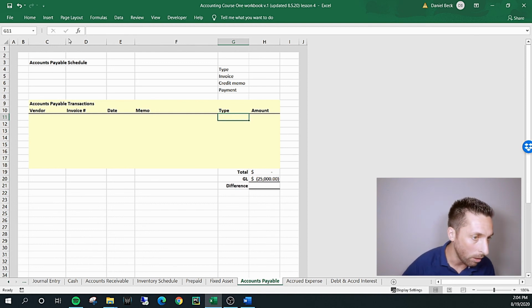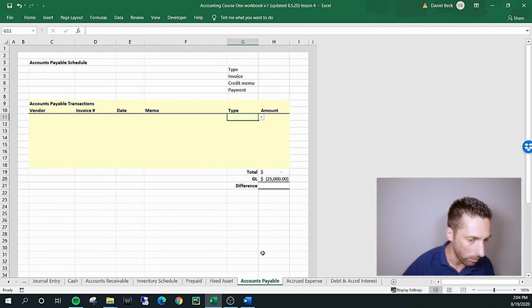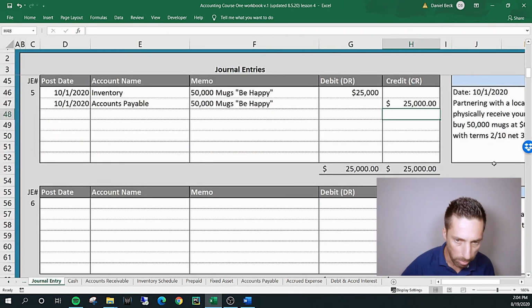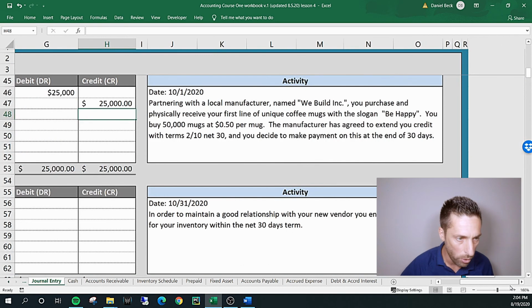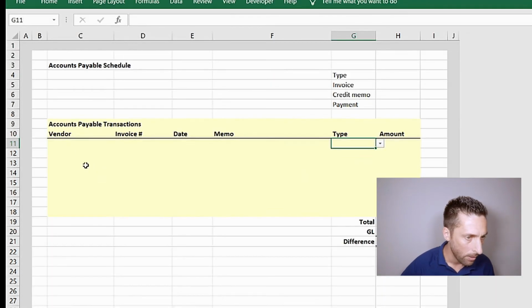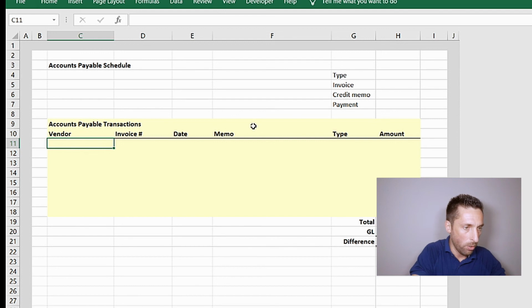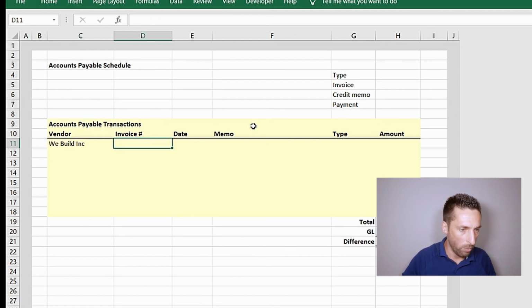So let's go here and fill this out. Now let's see, I don't remember what was the vendor's name we used. We Build Incorporated. Okay. We'll go vendor. We Build Incorporated invoice. Just make something up.